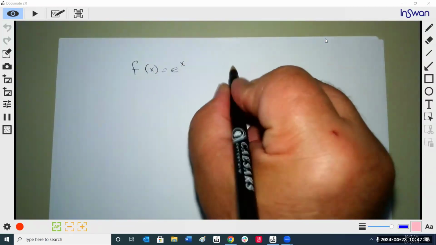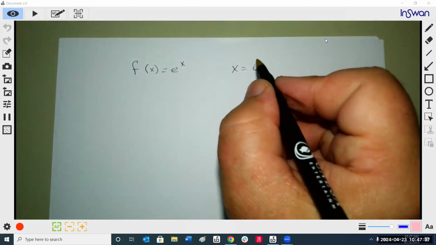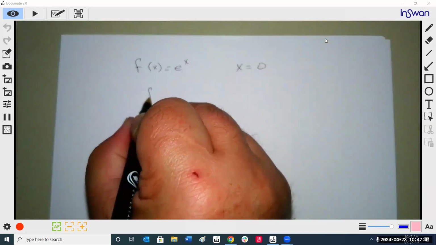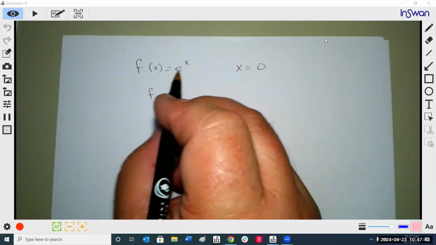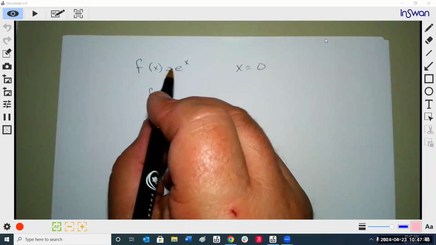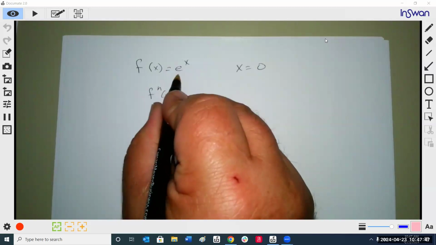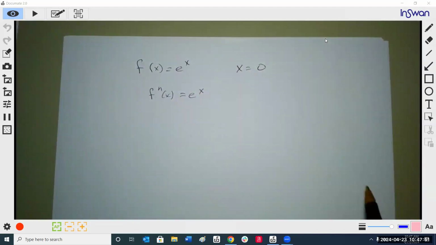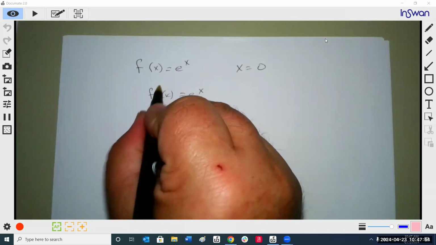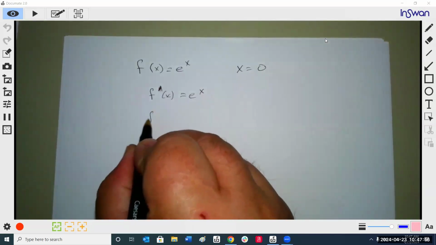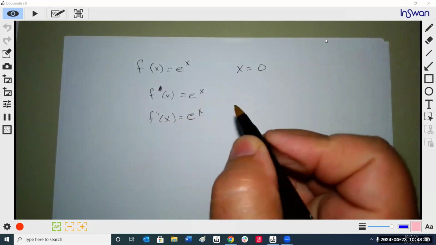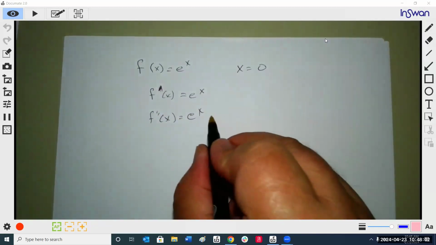Well, since we know this is always going to equal any derivative, the first derivative is e to the x, the second derivative, and so on and so forth.